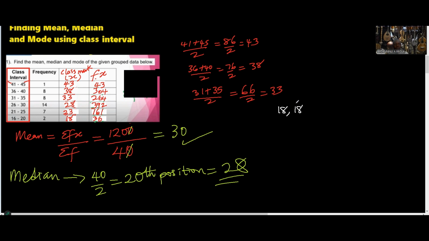So the first and second positions are 18, right? How many 23s? 7. So 23, 23, 23, 23, 23, 23, and 23. So what number is in the ninth position?